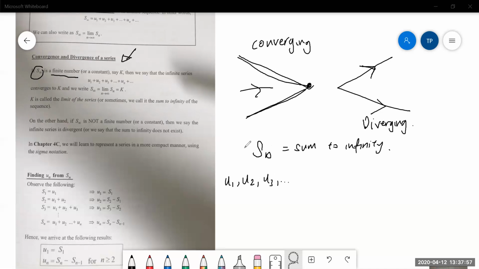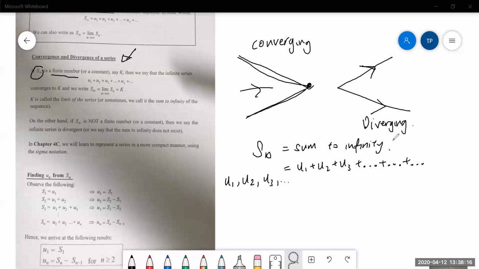So what does sum to infinity mean? It means we're going to sum the first term plus the second term plus the third term, all the way to the end. There's no end to this, you see? We're going to sum all the way to the end.